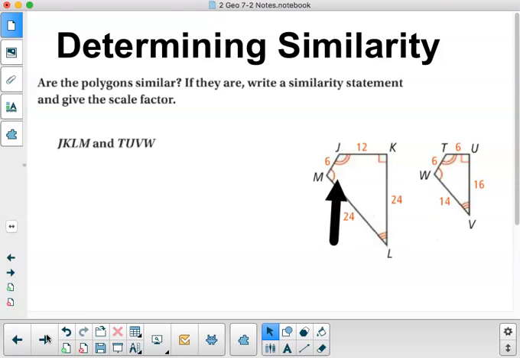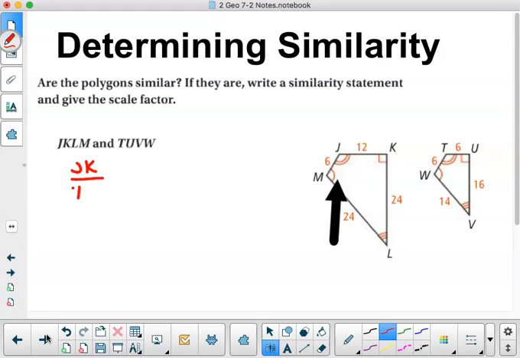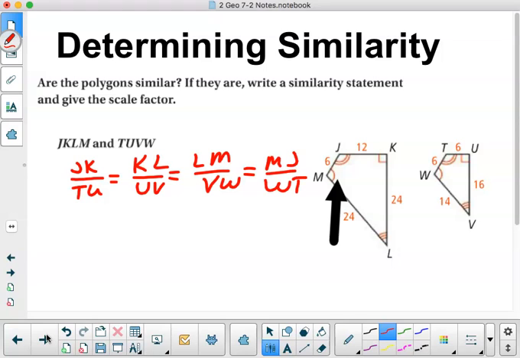So I could say here that I've got JK to TU because of the angle markings, KL to UV, LM to VW, and MJ to WT, again because of the angle markings. I went big shape over little according to the picture. Okay, that's what we've got.